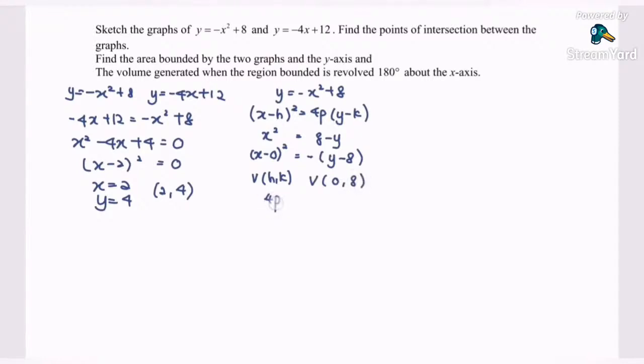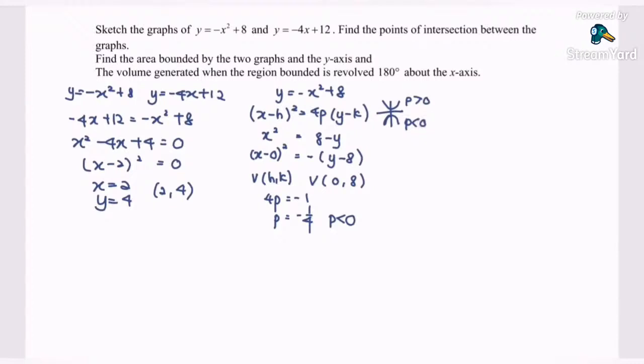For the value p equals negative 1 over 4, where p is less than 0. The situation for this graph will be open up or downward, where p must be greater than 0 for upward and p less than 0 for downward.